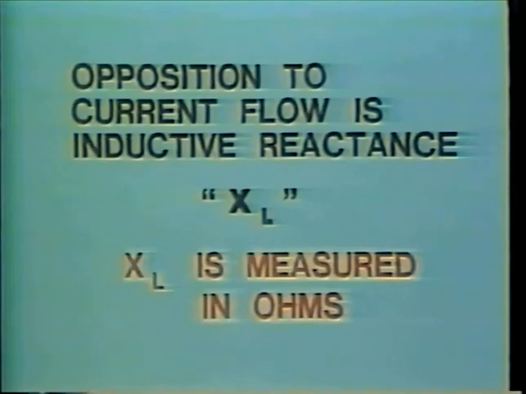Now, in a resistive circuit, the resistance indicated by R is actually the opposition to current flow. In an inductive circuit, the opposition to current flow is called inductive reactance, and its symbol is X sub L. Its value depends upon the actual inductance of the circuit, and this value is measured and indicated in ohms.